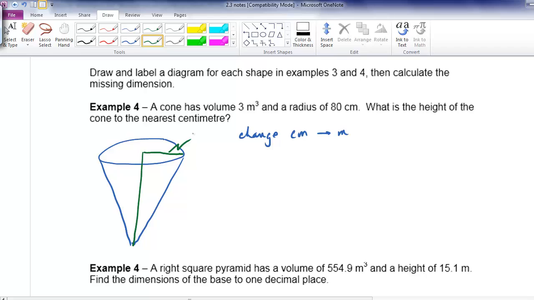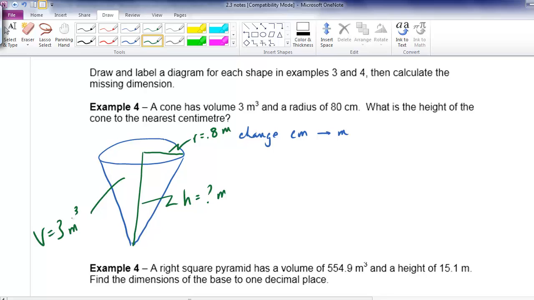If I change centimeters to meters, so I'm talking about my radius, so here's the height, here's the radius. If my radius is in meters, it's going to be 0.8 meters, and I want to figure out the height. Again, our units are going to be meters because the volume of this thing is in cubic meters.